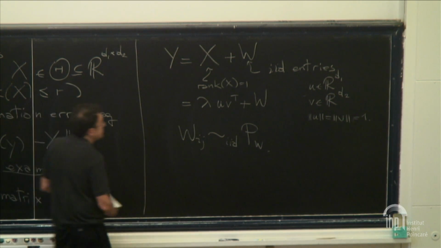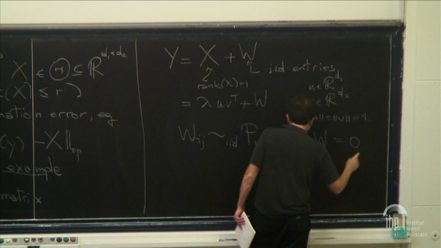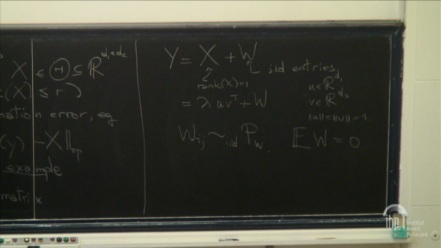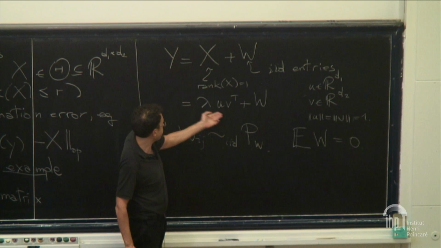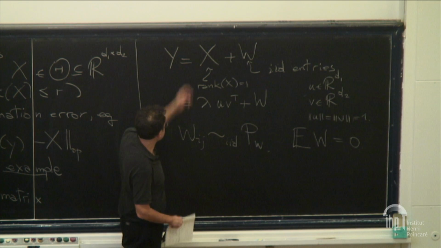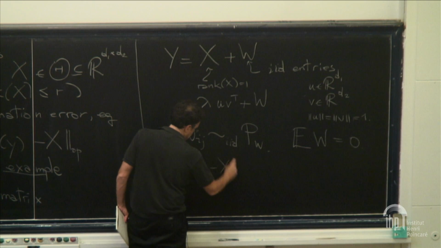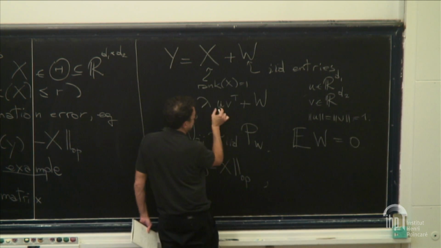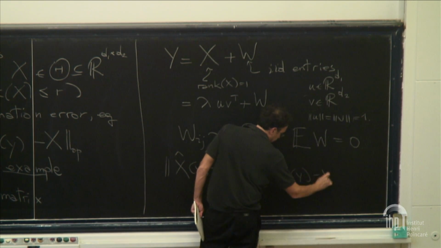Okay, and this is noise, so we'll assume typically that. Okay, so already in this simple example, you see that we used in a crucial way the fact that this is a matrix to say that this is rank 1, and then typically we are interested in estimating either X in operator norm, so having an estimator that has this norm small, or perhaps we are interested even in the singular values and singular vectors.